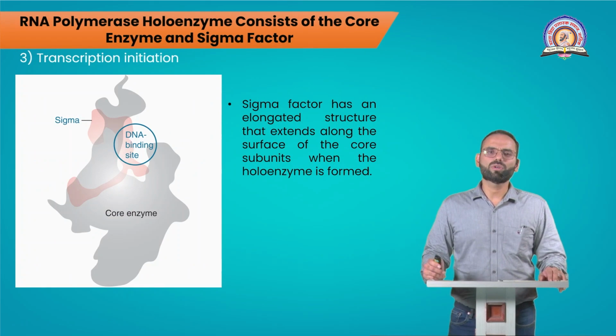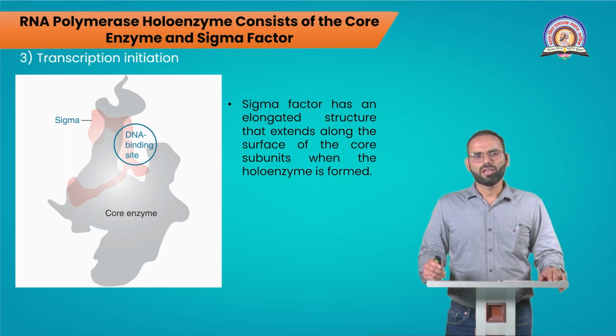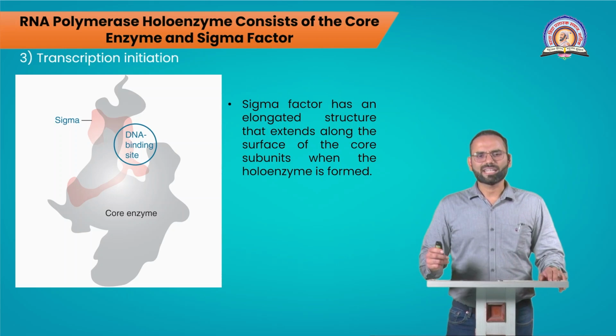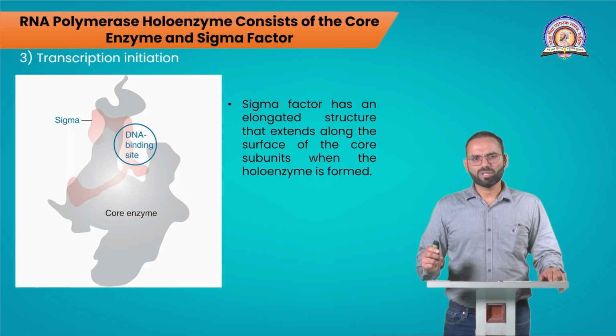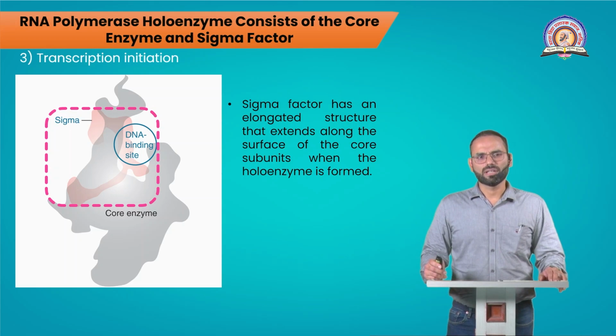If you closely look at the structure of the sigma factor and the RNA polymerase, the sigma factor has an elongated structure that extends along the surface of the core subunit. And when the extension happens, this results in the formation of a much more stable complex, and that will in turn lead to transcription initiation.